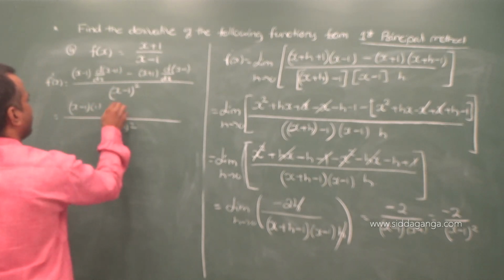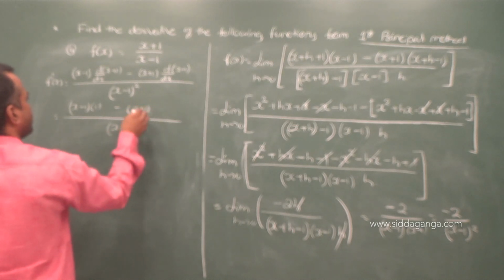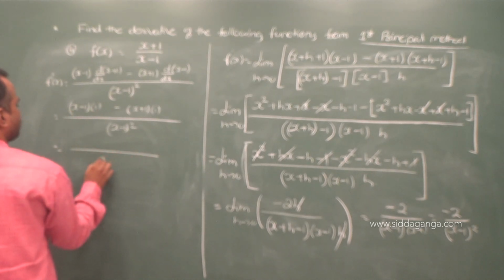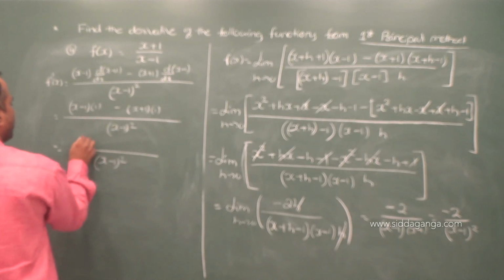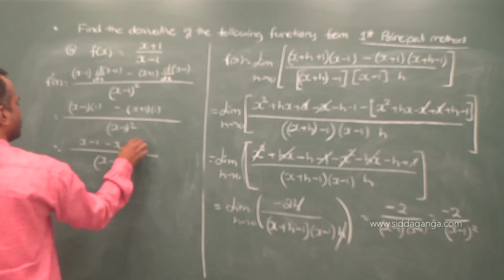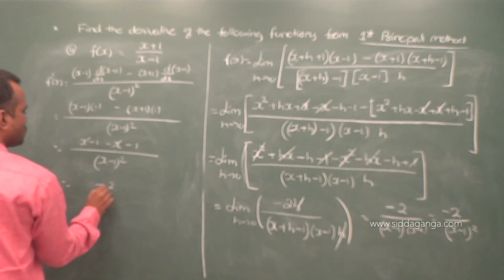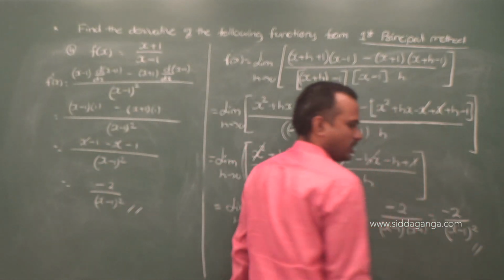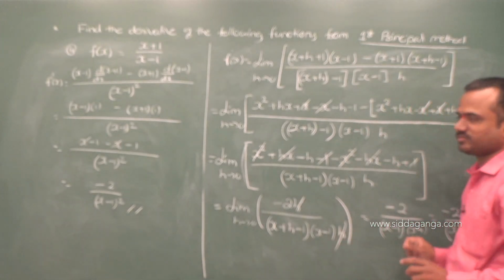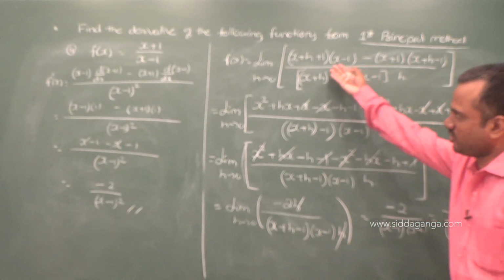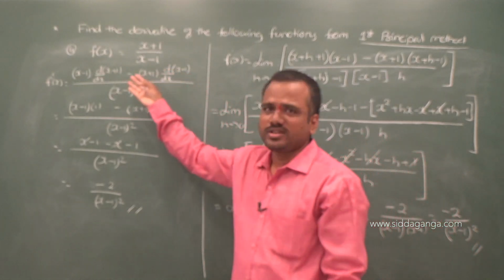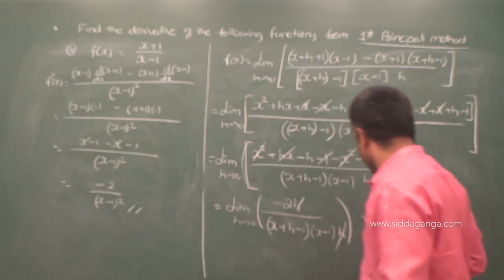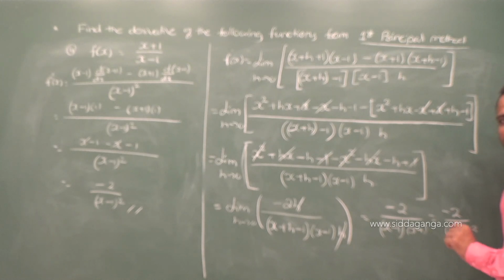Minus (x plus 1) into 1, over (x minus 1) whole square. (x minus 1) minus (x plus 1) gives minus 2 divided by (x minus 1) whole square. Observe both results carefully. Both answers are the same. So we solved it using first principle and using the rule, simply differentiating using the quotient rule. Observe the proof very carefully.